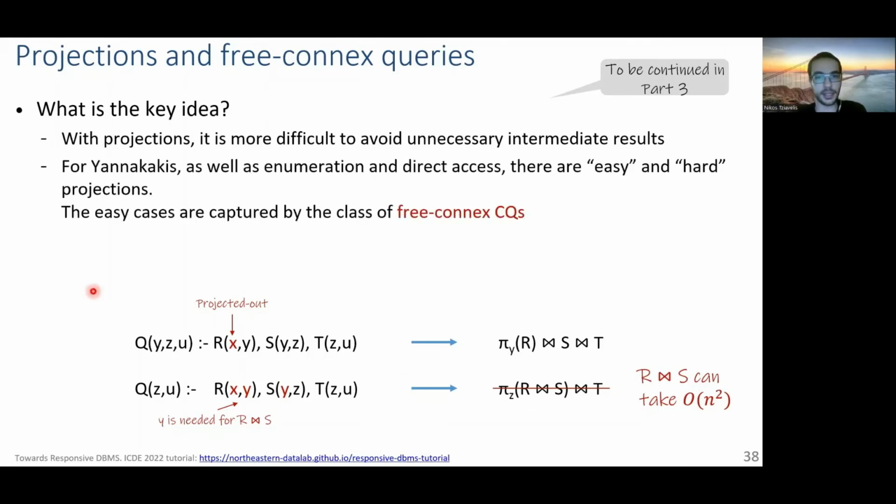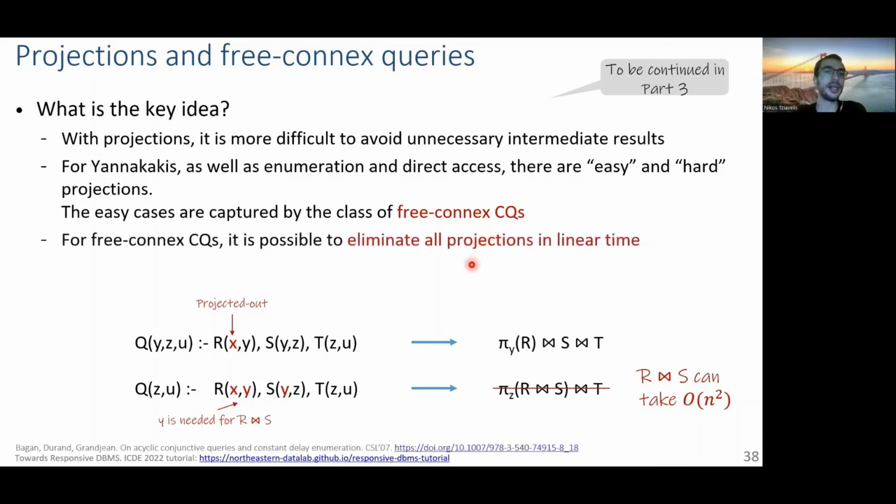Now, for the Yannakakis algorithm, as well as enumeration and other tasks such as direct access, there are easy and hard projections. And the easy cases are captured by a class of queries which are called free-connex. And without going into the definition of what these queries are, one way to think about them is that they allow us to eliminate all the projections in the query in linear time.